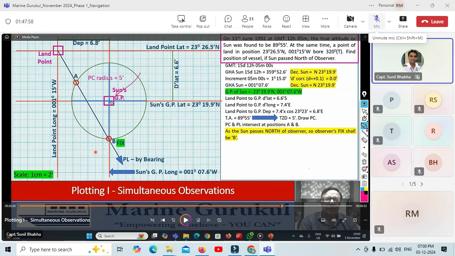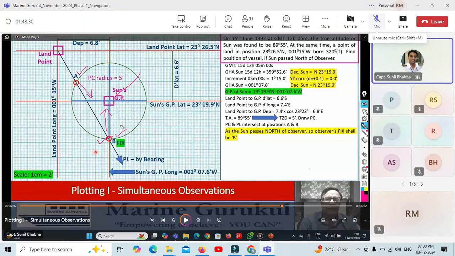GP is a point which represents the celestial body on the Earth's surface. Observer position is either at A or at B. Observer is not at GP. The celestial body is at GP. Then if the sun is north of the observer, B will be the fix. Exactly. B will be the fix. Then only the sun will be north of you. If you are at A, the sun will be south of you.